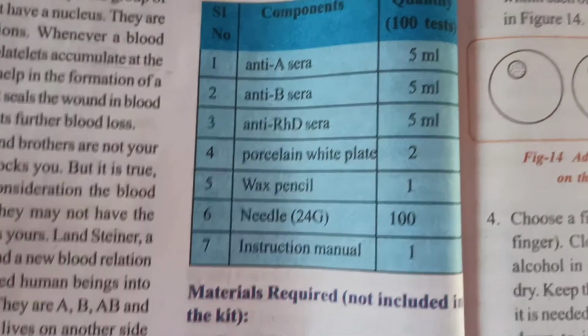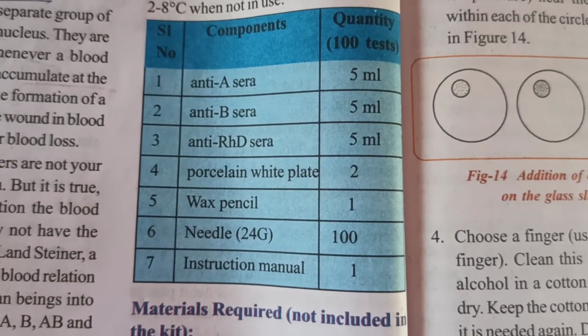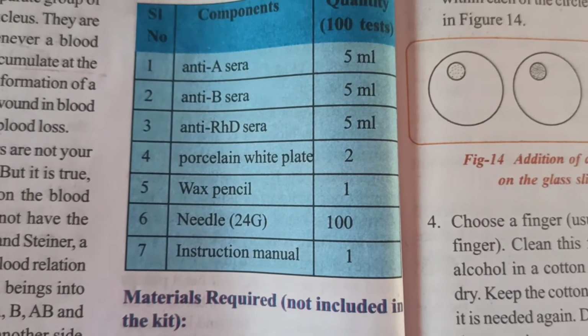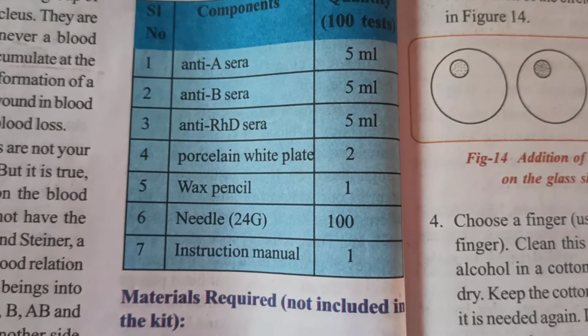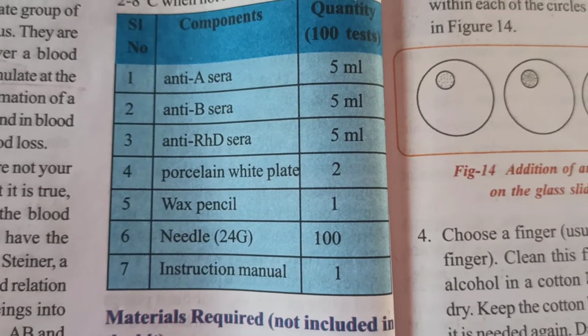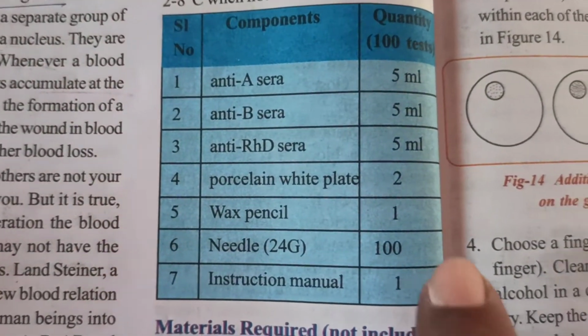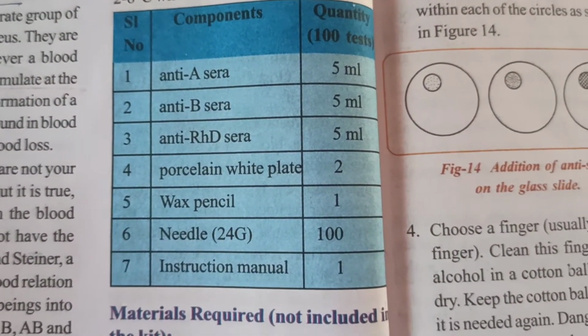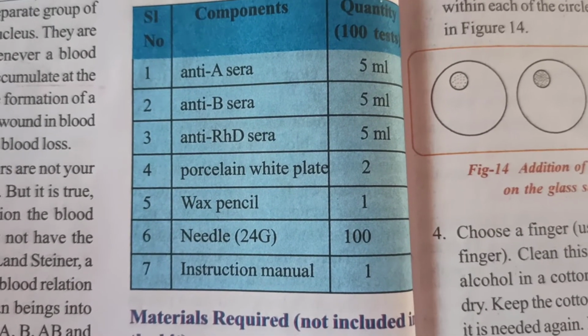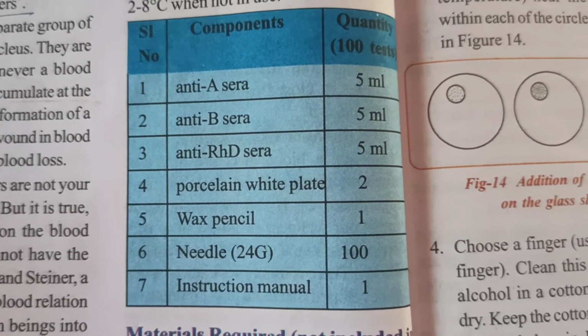The components are anti-A serum, anti-B serum, and anti-RHD serum, a porcelain white plate, a wax pencil, a needle, and then an instruction manual. The anti-A serum is 5 ml, the anti-B serum is 5 ml, and the anti-RHD serum is 5 ml.